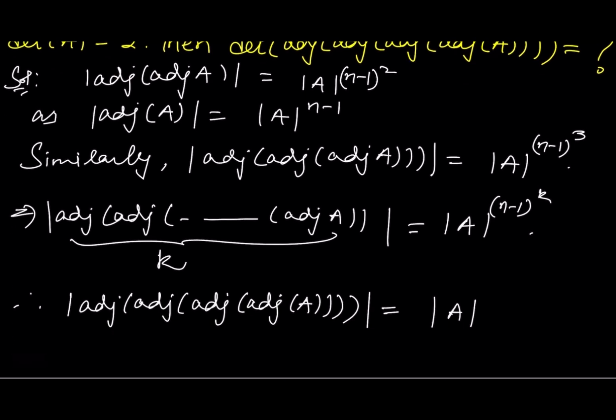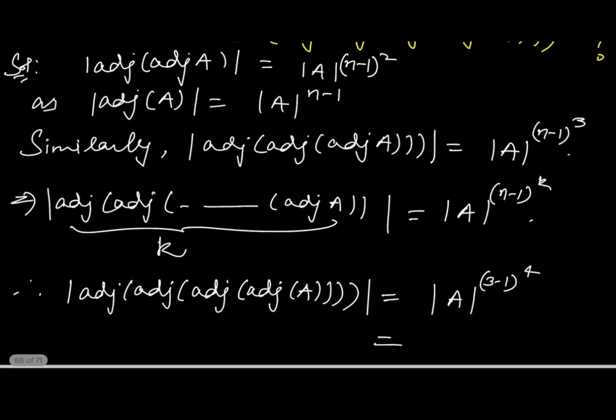So 3 minus 1 whole to the power 4, and determinant of A is given in the question, which is 2. So 2 to the power 4 means 16, right? So answer is 2 to the power 16, right?